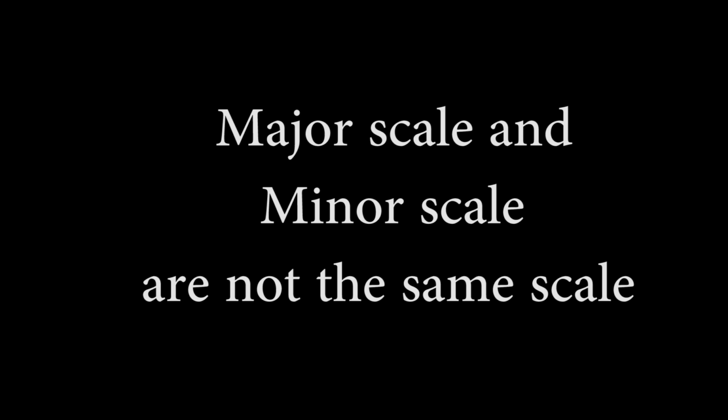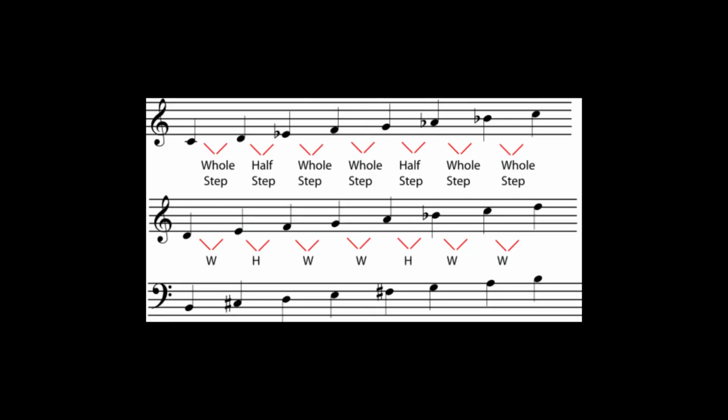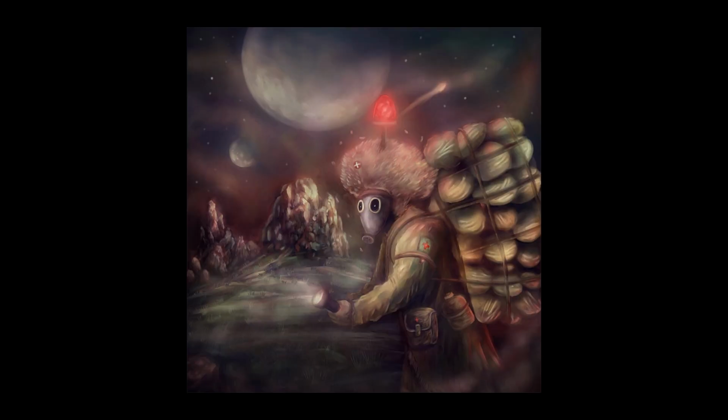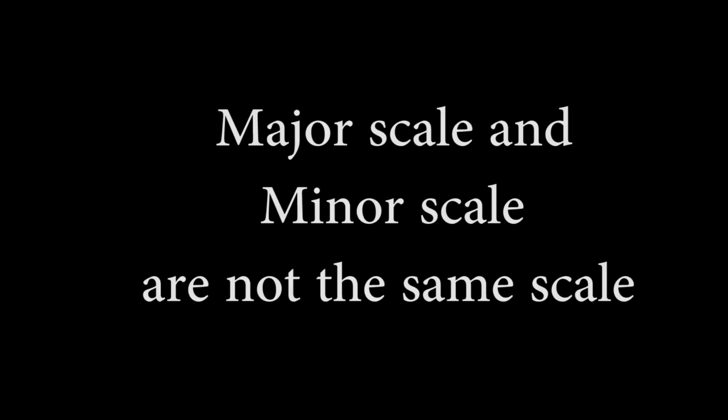It's a freak coincidence. They are not the same scale. And if you start the minor scale from its 3rd note, you would get the major scale. It's crazy, but they are not the same scale. It's just a coincidence. The universe is a strange and wonderful place full of small coincidences. That is to say, a major scale and a minor scale are not the same.